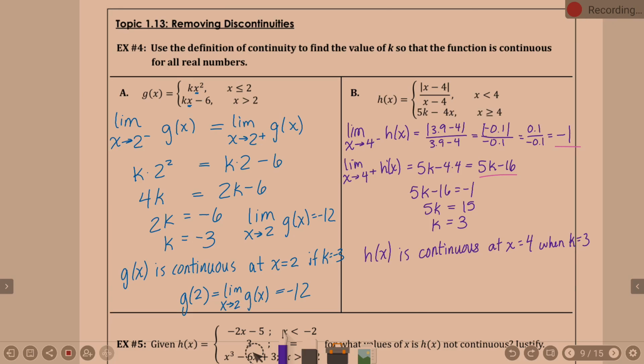And we know the limit as x approaches 4, goodness, of h of x, and I guess one thing we didn't talk about, but it's going to equal h of 4. We said that all equals negative 1. Okay?